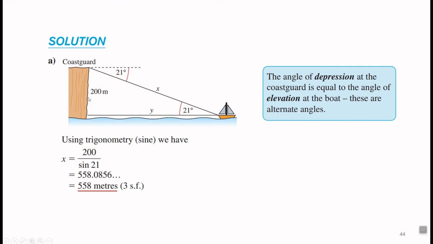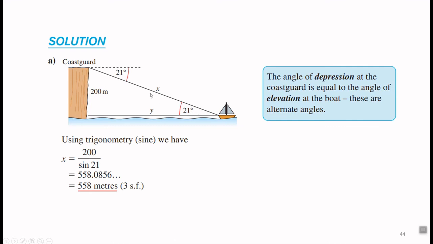Then you can see this right angle triangle here, vertical and horizontal is 90 degrees. You can see these two parallel lines, so we can see the letter Z, alternate angles. You can mark this as 21.